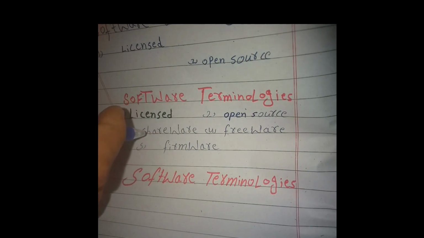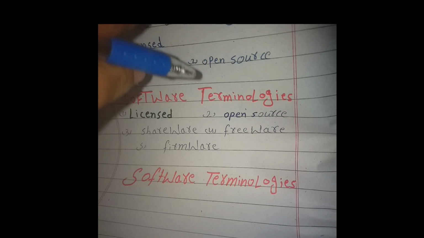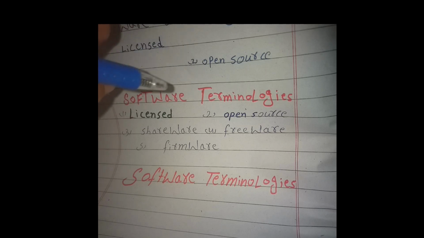Third, shareware. Shareware is also called trialware and refers to licensed software that is delivered to the user without payment for a trial, with limited functionality and for a specific period, after which it expires.